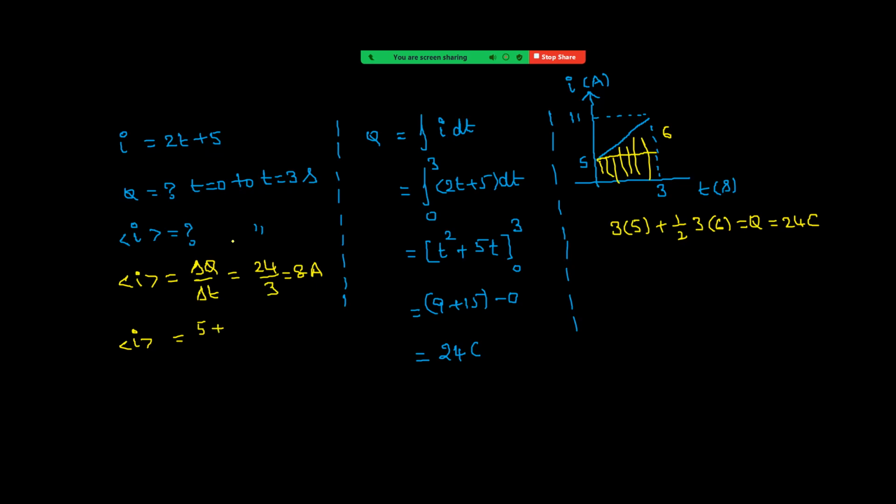Plus, when t equal to 3 seconds, current equal to 2 threes, 6, 6 plus 5, 11. So initial value plus final value by 2. Okay. So 5 plus 11, 16. 16 by 2, it is 8. Because current is changing linearly, that's why average value is given by initial value plus final value by 2 directly. Either we can solve by using the definition part like this or in this way also. Okay. Let us see the next problem.